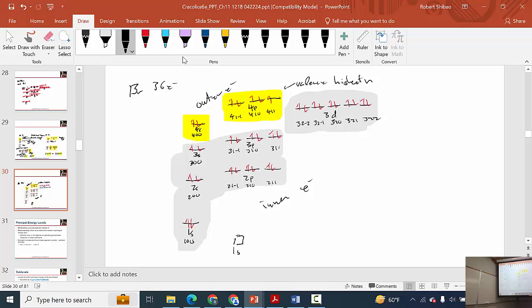So in the orbital box diagram, we'd have one box for the 1s, and then one box for the 2s, and then 3 boxes for the 2p, and then 1 box for the 3s, and then 3 boxes for the 3p, 1 box for the 4s, and then 5 boxes for the 3d.